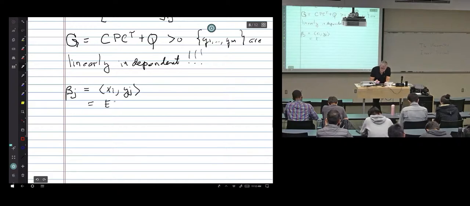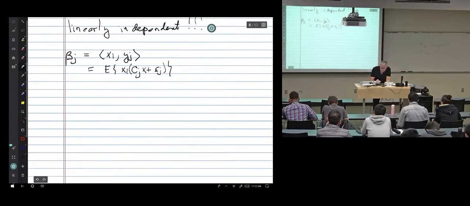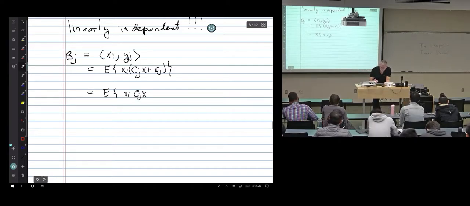So that's the expected value of xi times Cj x plus epsilon j, which equals the expected value of xi Cj times x, plus the expected value of xi epsilon j, that's 0.